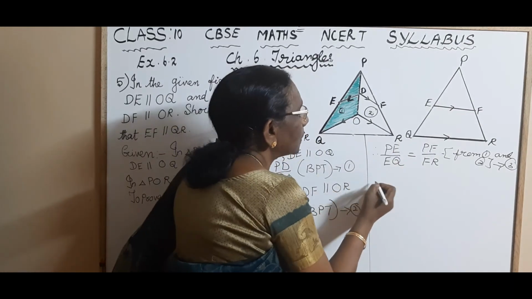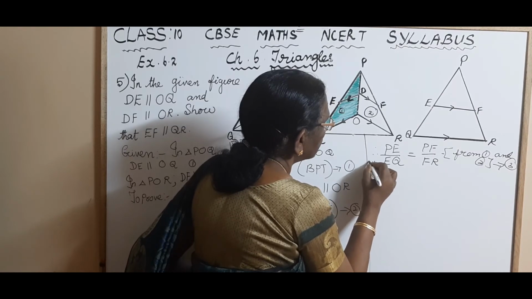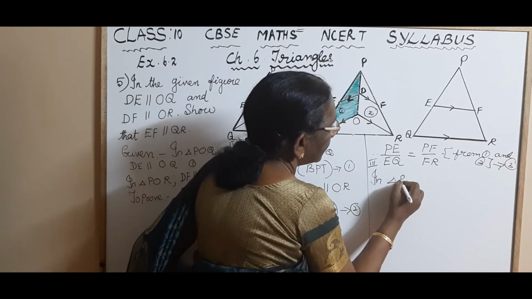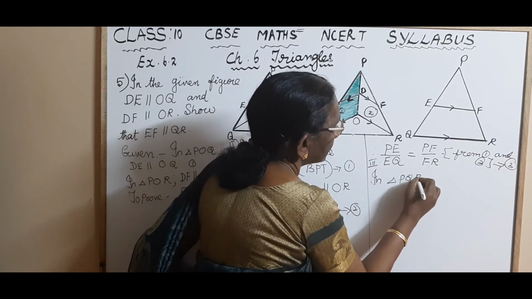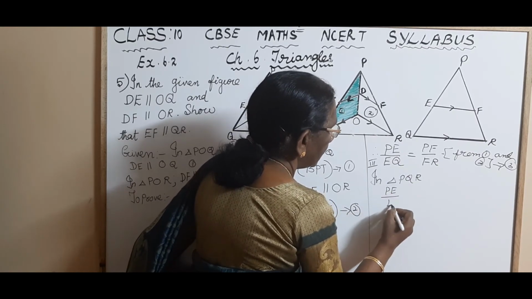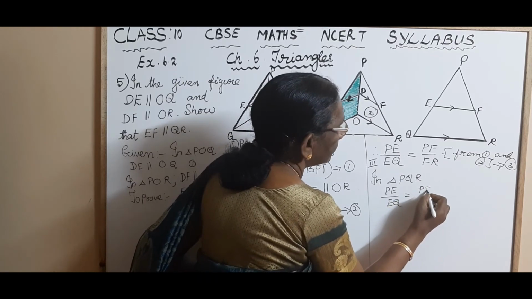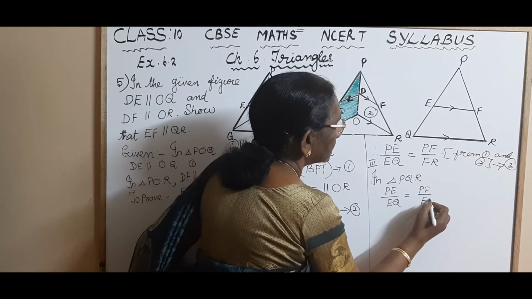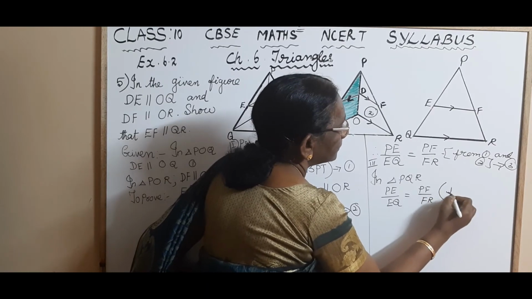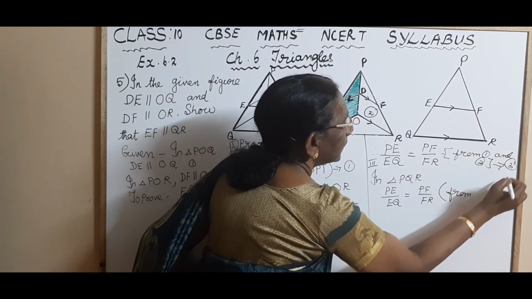So, in triangle PQR, PE by EQ is equal to PF by FR, from 3.